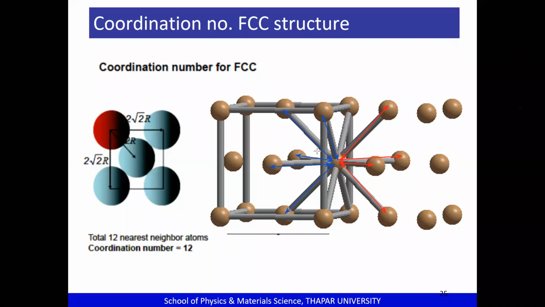Okay, I guess now it is clear to everyone. If there is any further query, please raise it, because things become a little bit more complex when we move to the hexagonal structure.